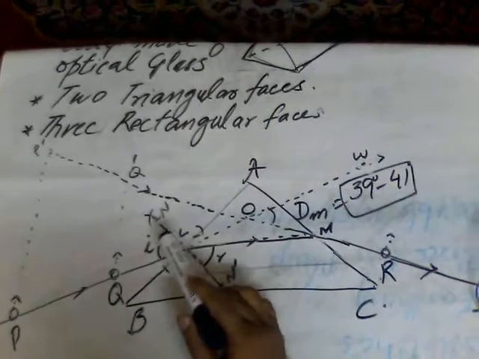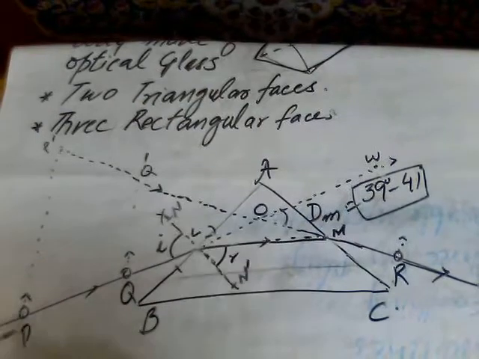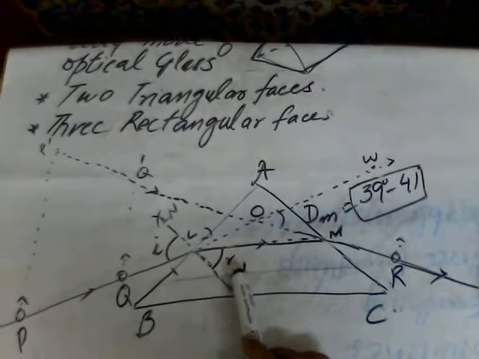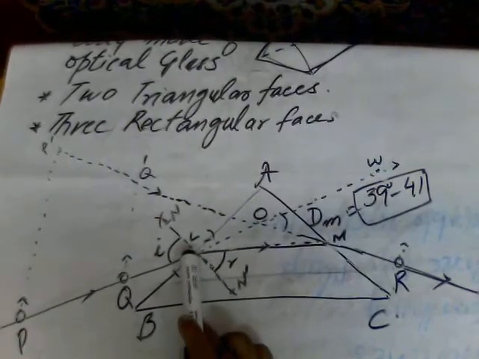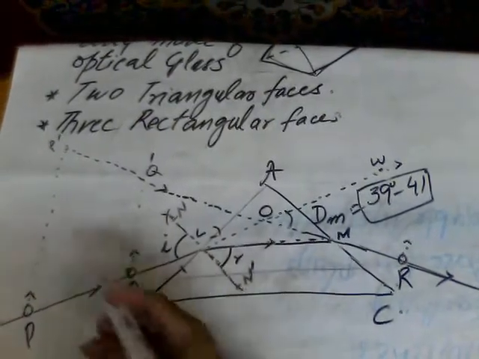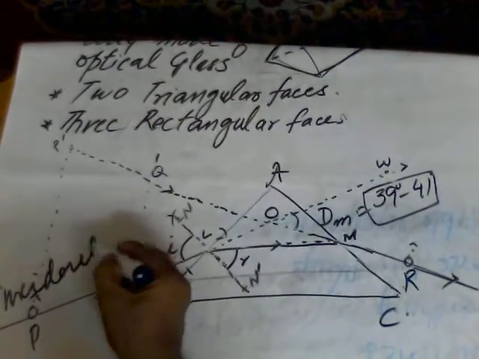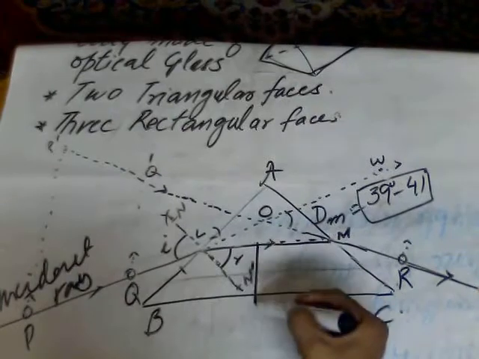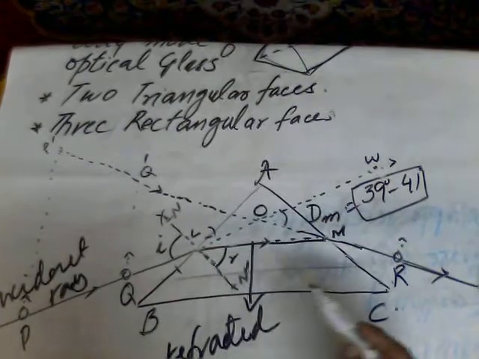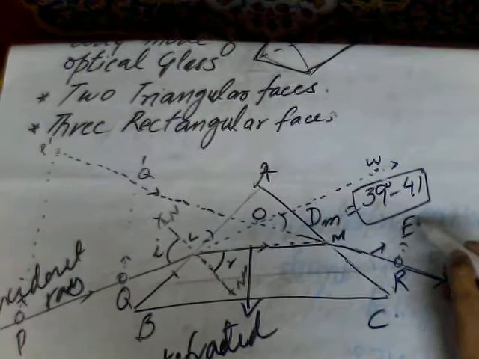The angle of incidence is the angle between the normal and the incident ray. The angle of refraction is between the normal and the refracted ray. Normally we mention all these things: this is the incident ray, this one is called the refracted ray, and this ray is called the emergent ray.